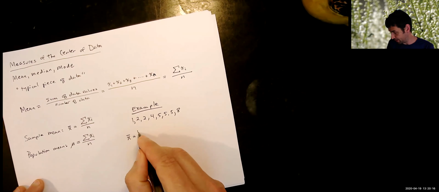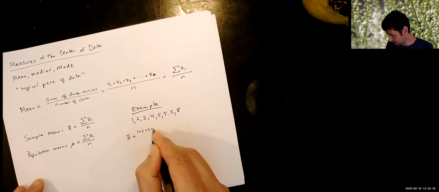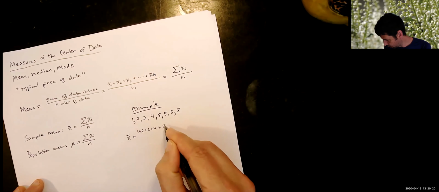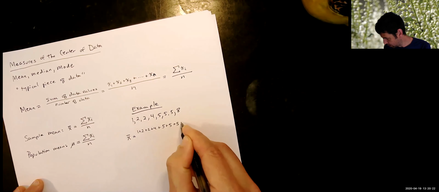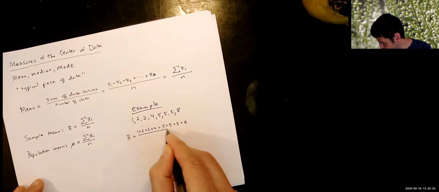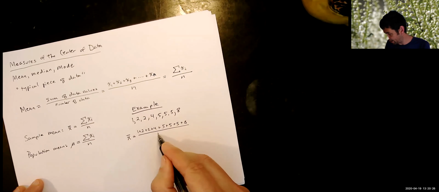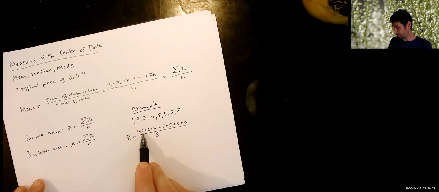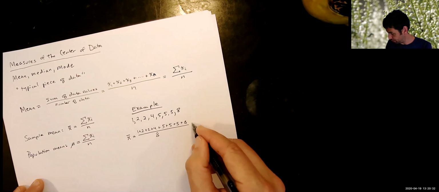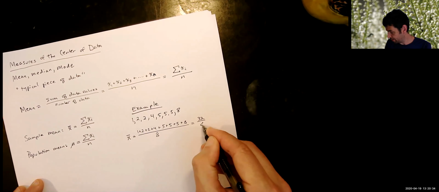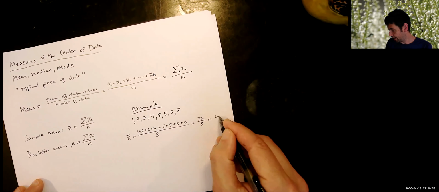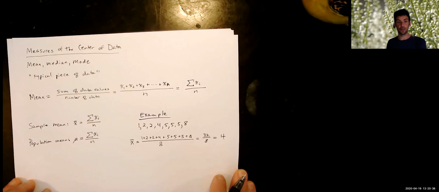I'm adding up all the data and dividing by how many data we have, right? So what do we have? 3, 5, 9, 24, 32 divided by 8 gives me an average of 4, right?